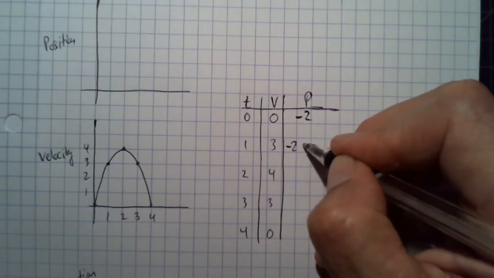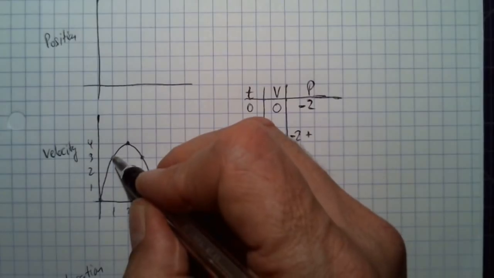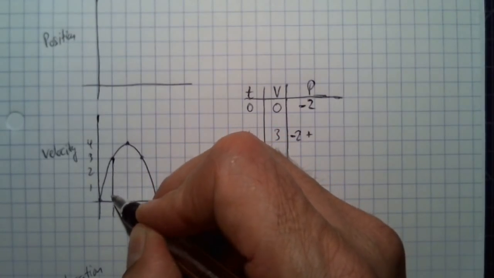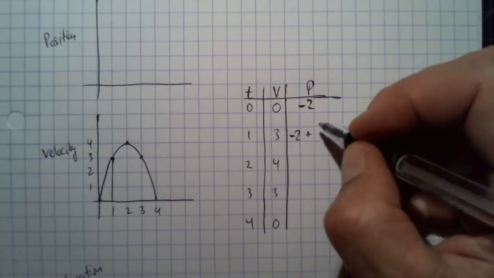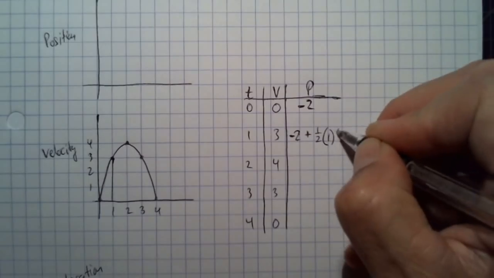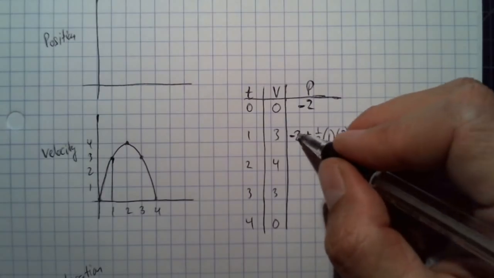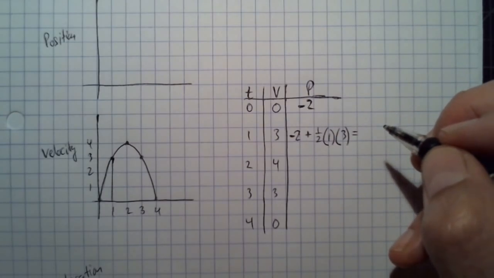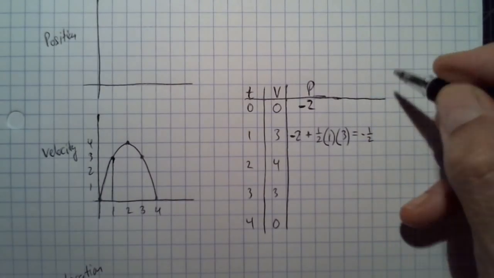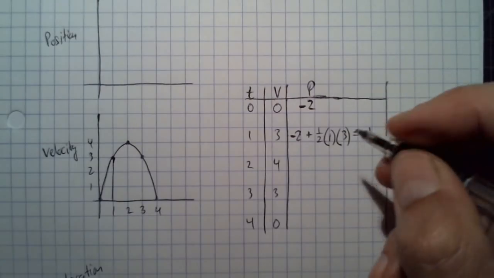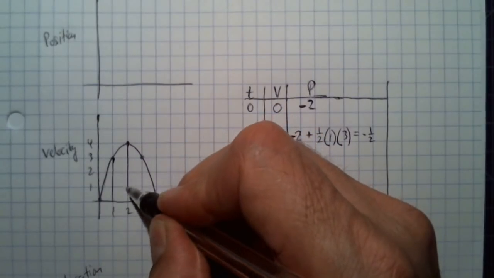So then we'll have -2 plus, now we have to find the area from 0 to 1. Well, that's a curved line, but we're just going to approximate it using a straight line. So now we just have a triangle like before, 1/2 base times height. And that'll be 3/2 minus 2, and we get -1/2. Then we have -1/2 plus, let's find the area of the next region.